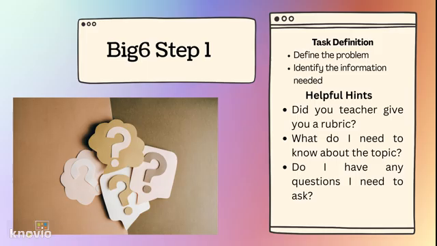Most of the time, the rubric usually will have at least part of the question in it. But make sure your teacher has already gone over this with you in class. But you need to really hone in on what kind of question you're trying to solve here.